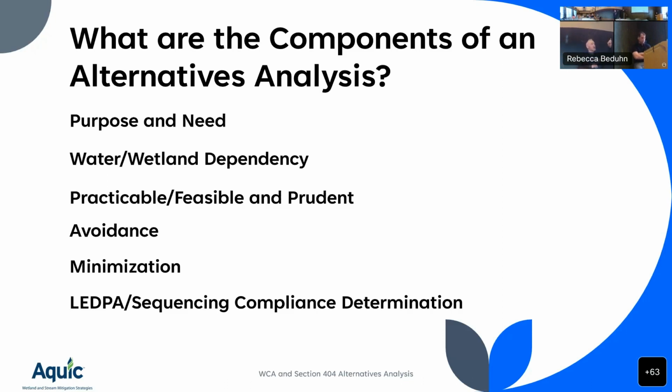So then to speak a little bit to the components of the alternatives analysis, Chad's spot on. The two programs are very similar in a lot of ways. We may use slightly different nomenclature for some of our terms, but that's about it. Our purpose and need is basically the same thing. That's where the applicant demonstrates by telling their story.